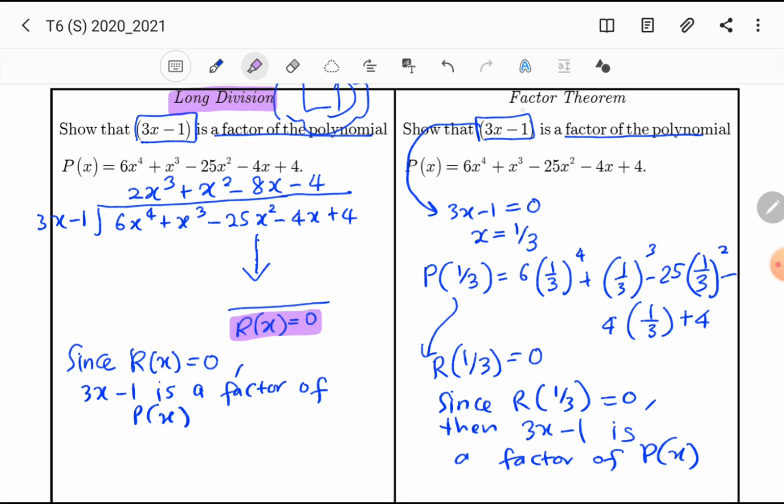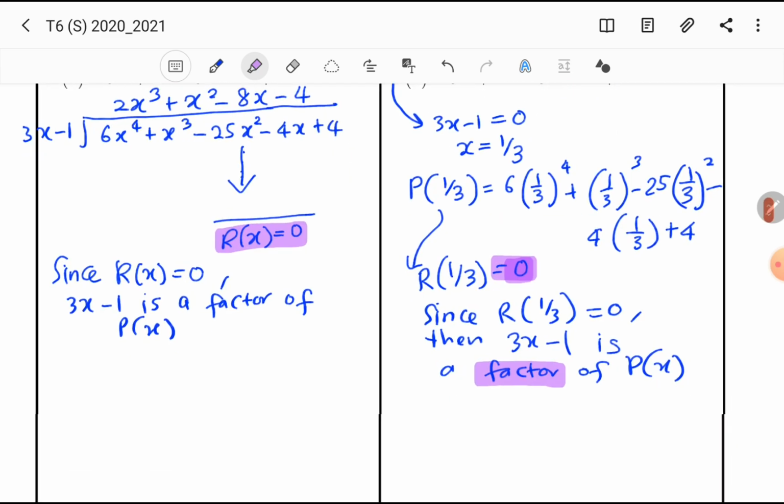Or other option, we use remainder theorem. Okay, and then we get 0. Okay. Bila kita dapat 0, we can apply factor theorem. Kan saya cakap tadi, factor theorem anak kepada remainder theorem. So when we got 0 here, automatically 3x minus 1, the divisor, is a factor of P(x). Okay, next.